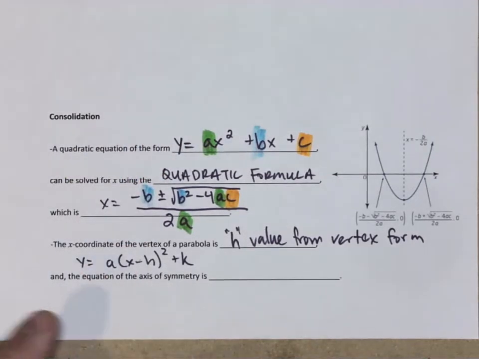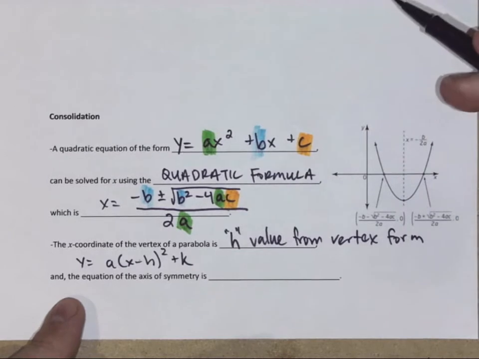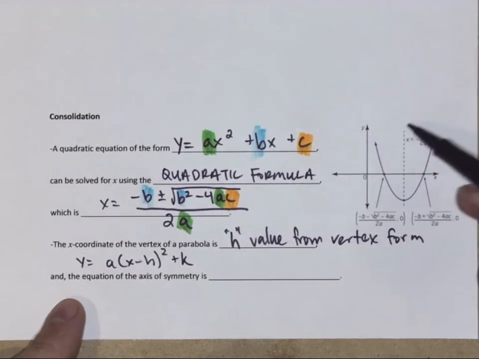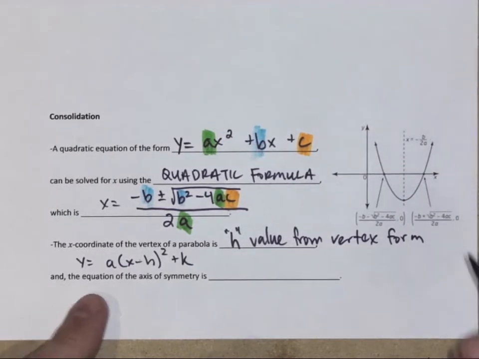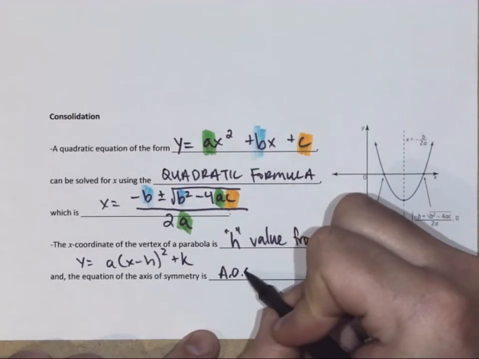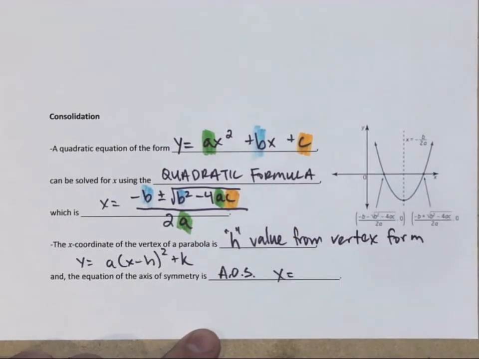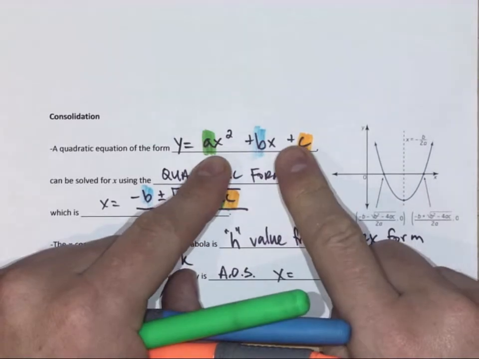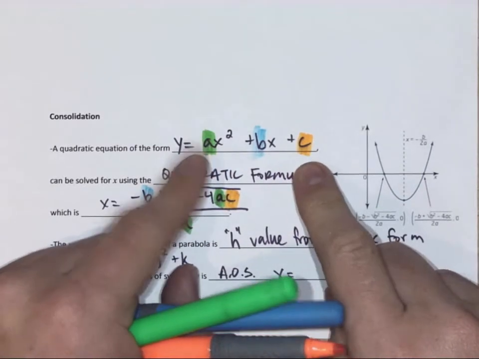The extra hint here is that when we work through all that, which you haven't, here is our solution: the equation for the axis of symmetry can also be found from standard form. And we can fast track.